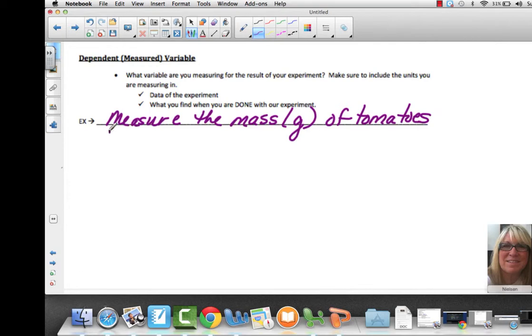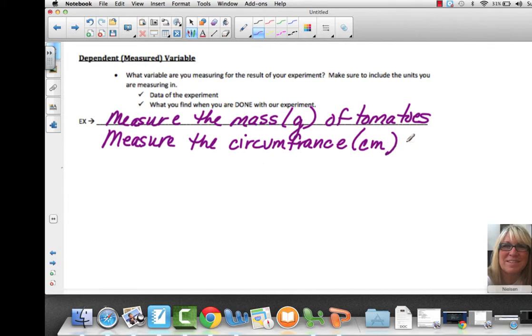And maybe we want to measure the circumference. Measure the circumference in centimeters of tomatoes. So that's the data that we would collect.